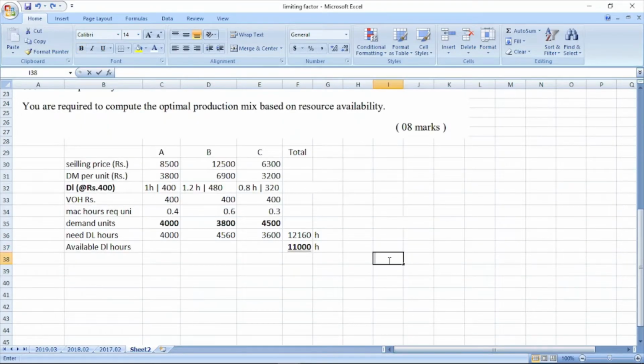So direct labor is our limiting factor. Now we take the shortfall: 12,160 minus 11,000, it is 1,160, our shortfall.